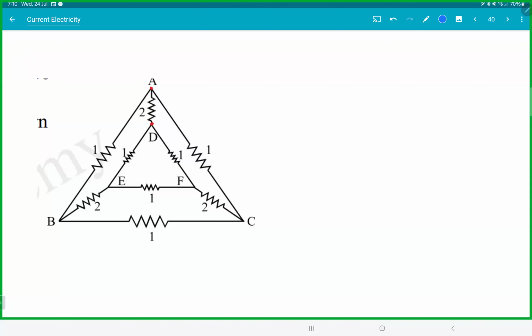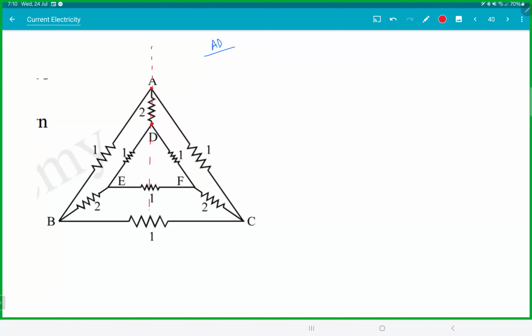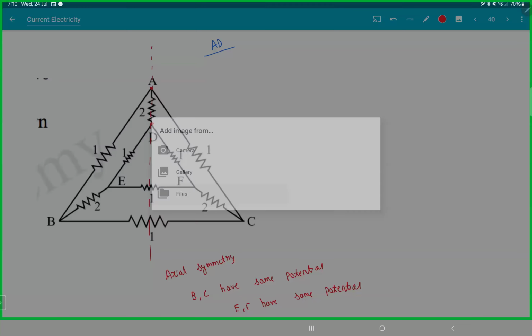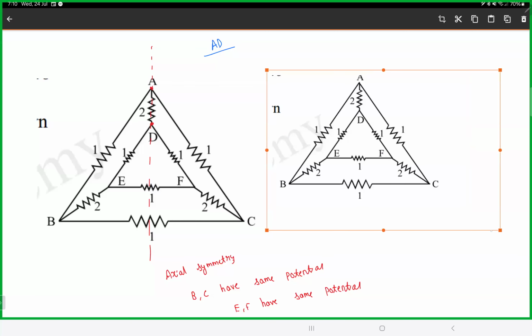So I will do it for A and D. You can see the line is passing through the terminals, so axial symmetry. Meaning left and right will have the same potentials. Therefore, B and C have the same potential. Basically, you can fold it. E and F have the same potential. Then your circuit will become like this.